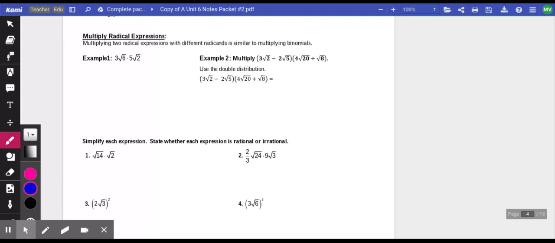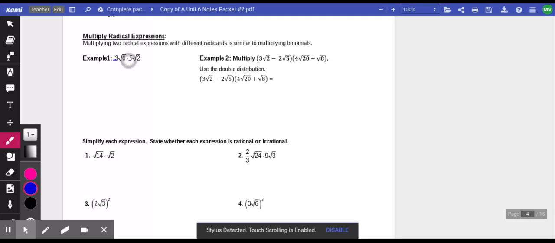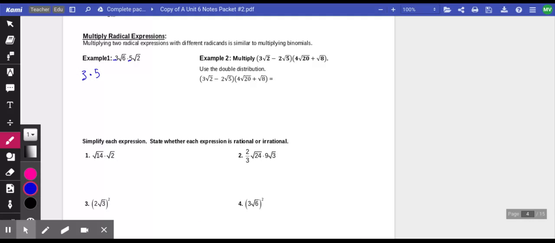So if I'm multiplying like number 1, I don't need to do that. What I can do is multiply the numbers on the outside of the radical, 3 times 5, and the ones on the inside, radical 6 and radical 2. So 3 times 5 is 15. Radical 6 times radical 2 is radical 12.